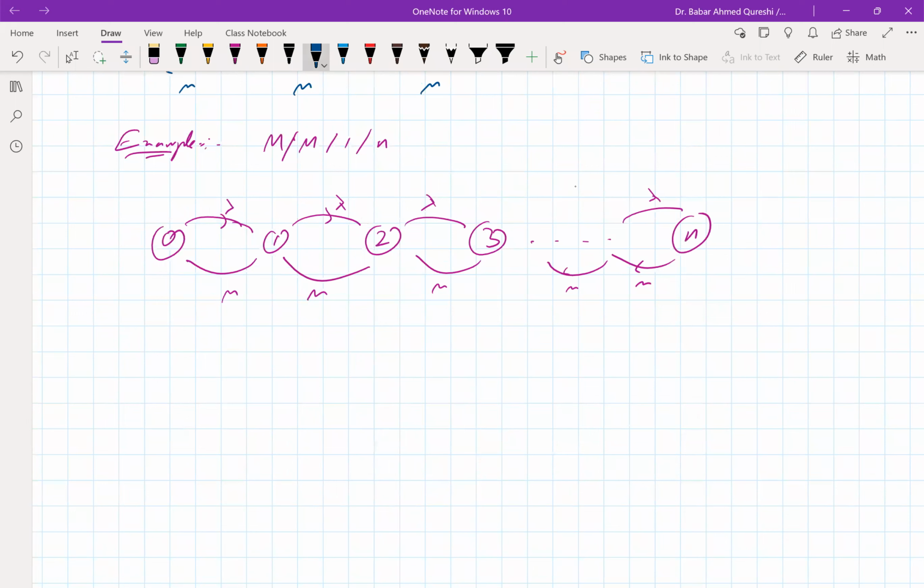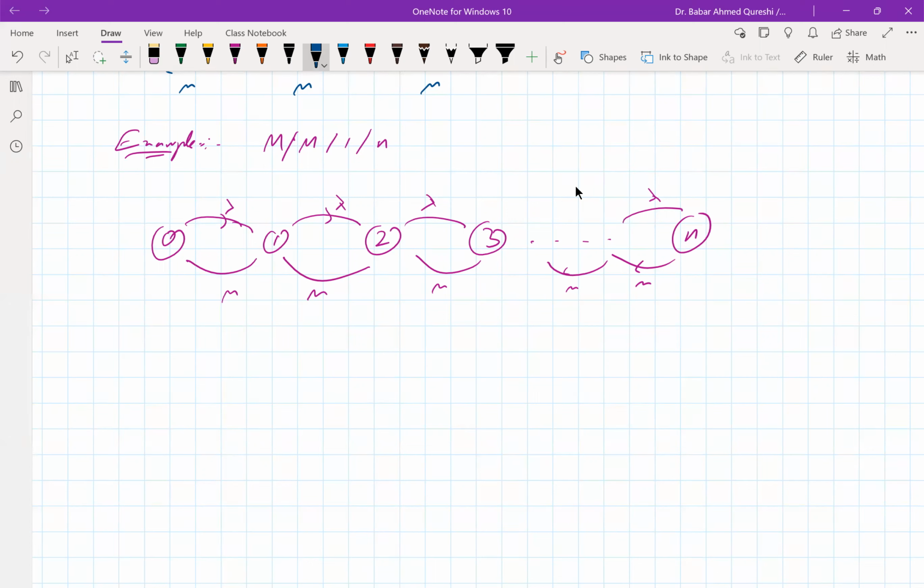All you have is that this time when you sum, you have to sum over only these n. And one can try to find what the stationary distribution is. I'm not going to do it right now. You can try it, or we can do it next time.